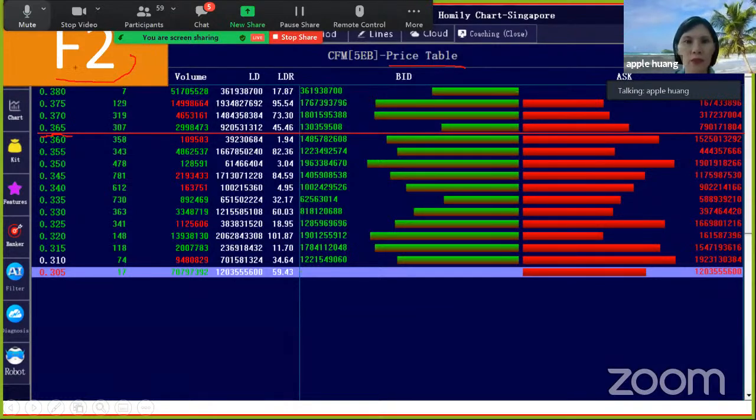Here, for example, I will show you an example. You will see the shares actually traded between 31 cents and 38 cents, and you can see the green bar is long.